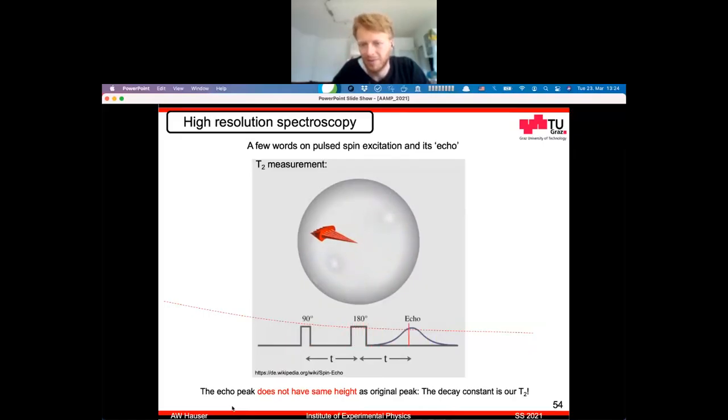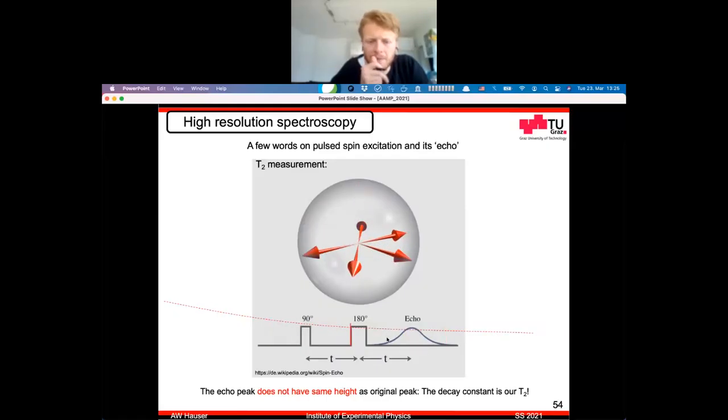I see this dashed red line. This should show some very, very slowly decreasing height of the pulses that you create through this echo trick. So it's basically in this picture, only the energy or the height difference between your peak at 90, so the 90 degree pulse, and the echo after.